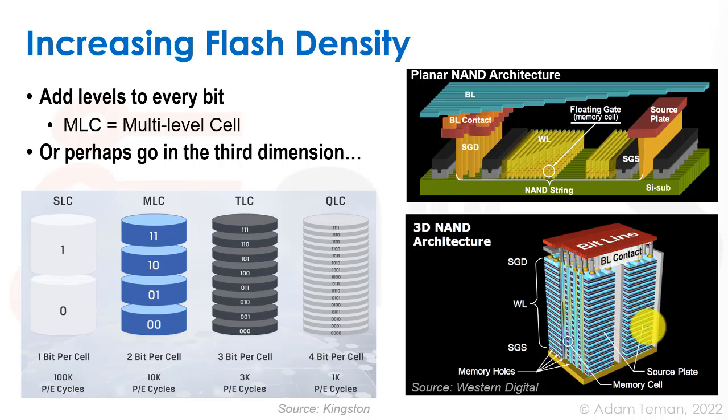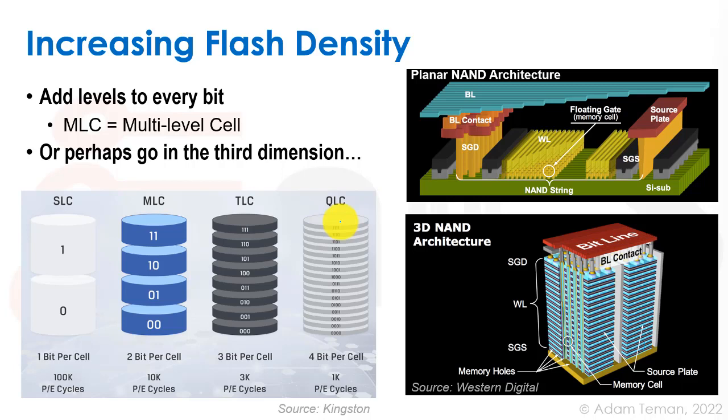So 3D NAND has been developed very well, and every year or two they're adding more and more layers, and we currently have at least 128 layers. They're going for even higher than that. You can look at the news today and see what the latest thing that Western Digital or other companies have announced that they are able to do in terms of NAND layers and in terms of how many levels they're able to put in the cell.